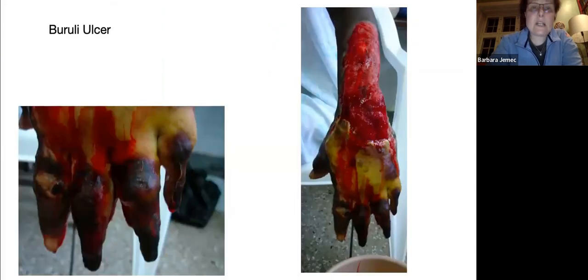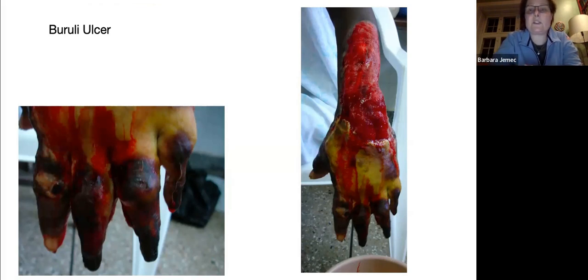This is Buruli ulcer, which is endemic in the tropics. So West Africa, Australasia, it has to be tropical, lush, high humidity, low oxygen. We think it may be transmitted by mosquitoes.